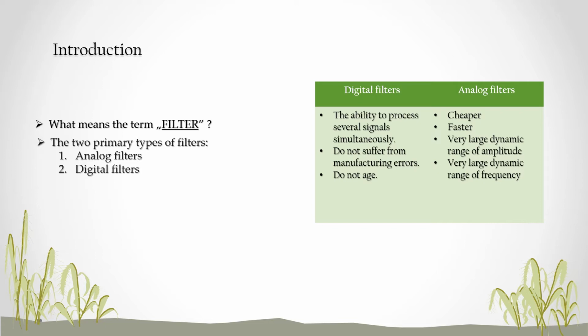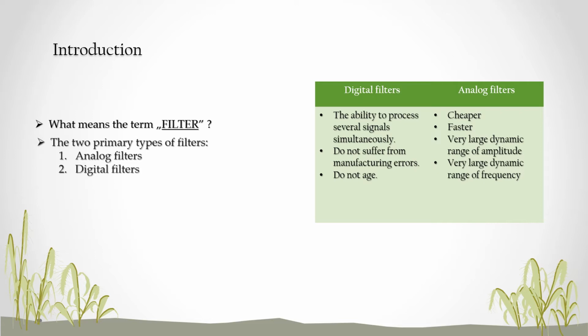Of course, the typical question would be which ones are better. So we have a short comparison on the slide, where we can see that analog filters are cheaper, faster, and have a very large dynamic range of amplitude and frequency. In parallel, digital filters have the ability to implement complex signal processing algorithms that are difficult to apply in analog technology.